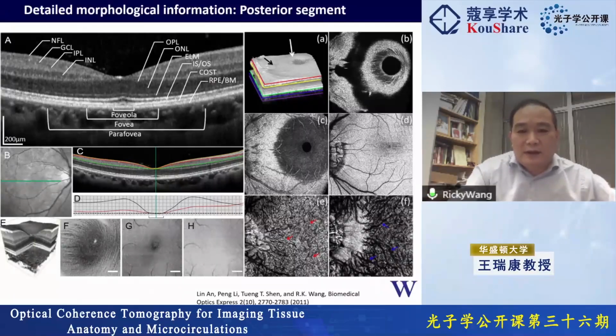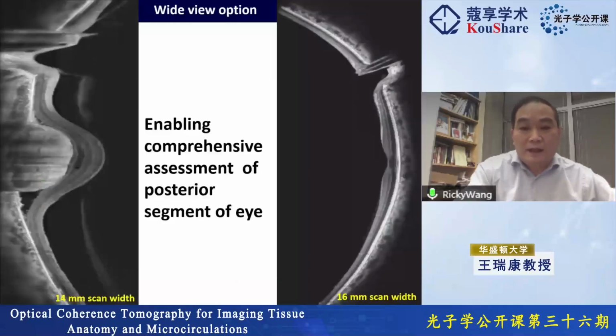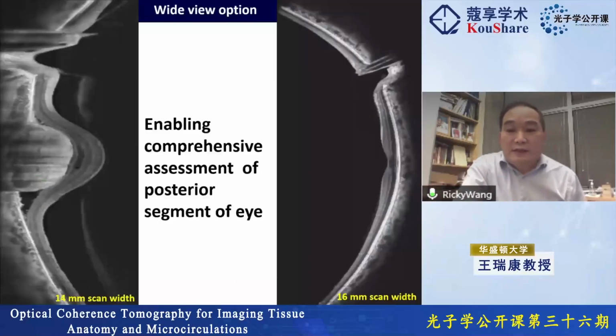And with the fast imaging speed of the OCT system, you can do wide field of view scans, which is very important. For example, in ocular imaging, diabetes will often first happen in the peripheral region rather than in the central foveal region, where it is very limited.